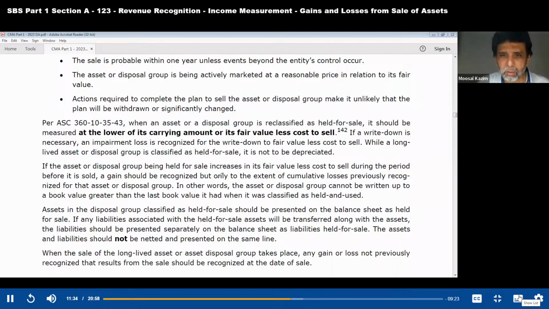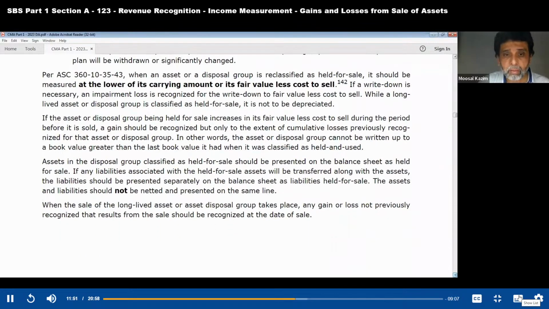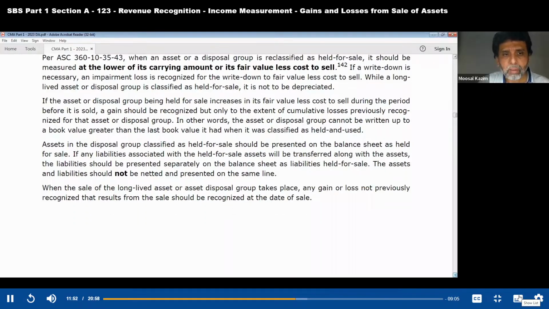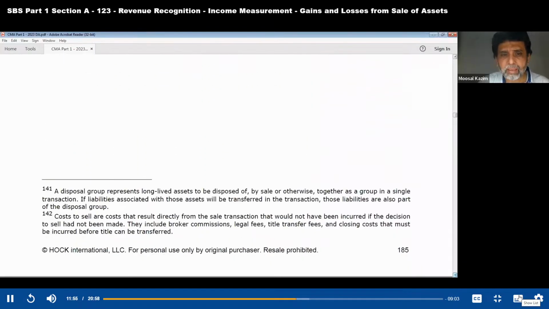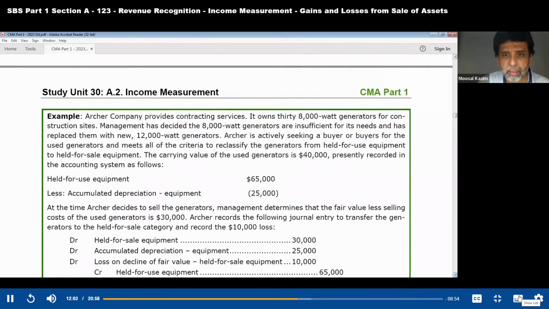So there's no way you can bump it up more than its book value, right? And then if there are any liabilities related to the held for sale assets, that should be shown as a separate line on the liability side without netting off, right? So that's about it. And then when it sells, you would recognize the remaining gain or loss, which you have not already recognized. Let us see with this lovely example.